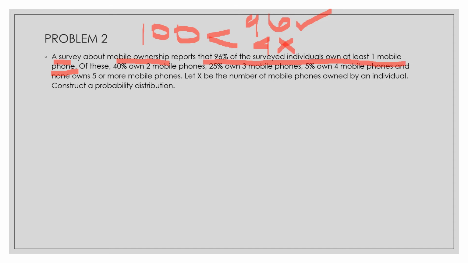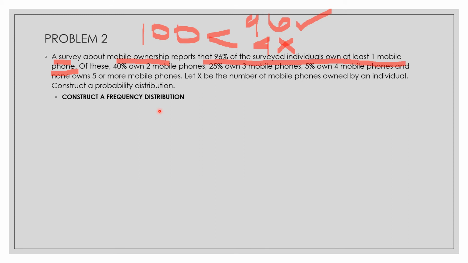So ganun yung situation natin dito, no? And then of this 96, 40% ang may dalawang cellphone. So of this 96, 40%, and same with 3, same with 4, and same with 5.